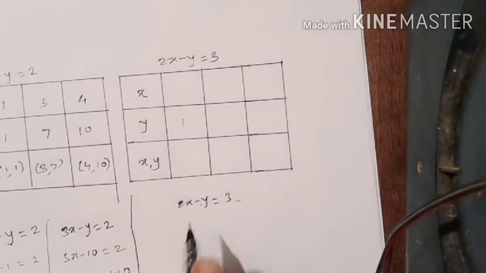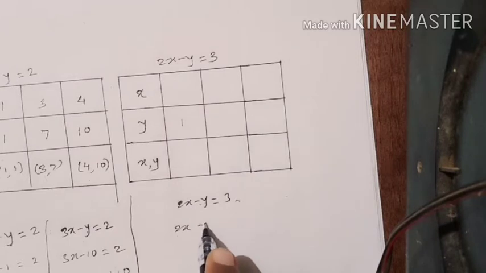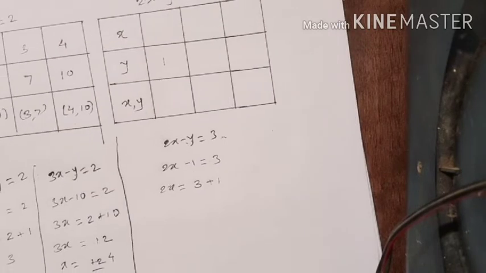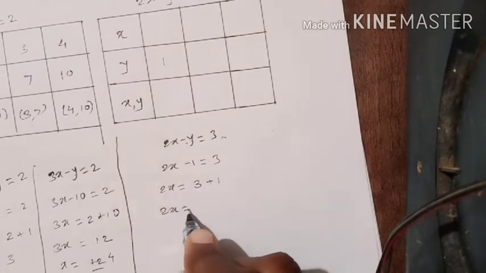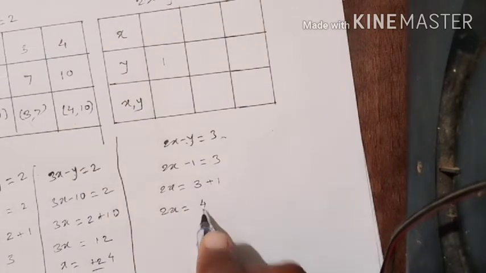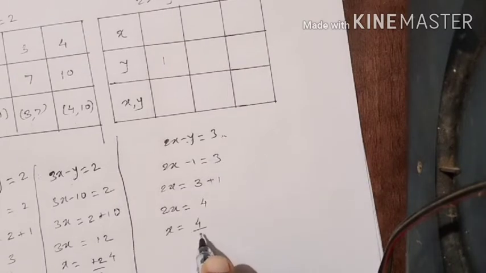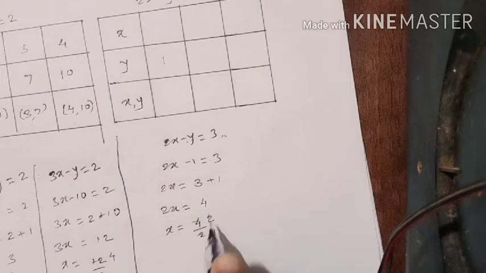Now see here. 2x minus 1 is equal to 3. And 2x is equal to 3 plus 1, that is 4. And x is equal to 4 by 2. 2 ones are 2 and 2 twos are 4. Therefore, x is equal to 2.